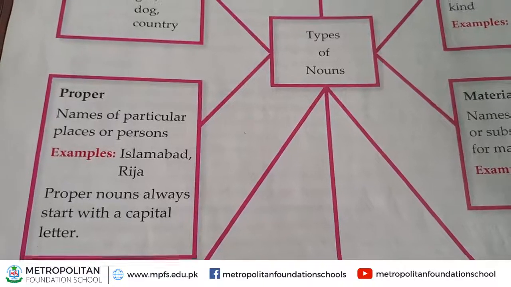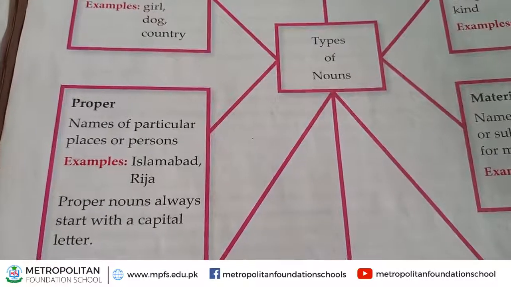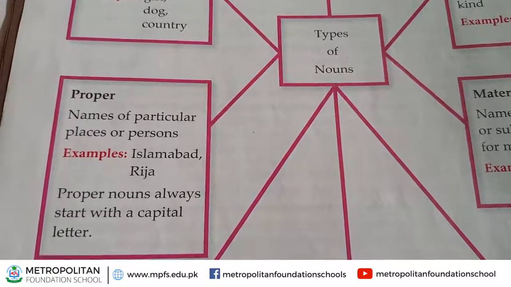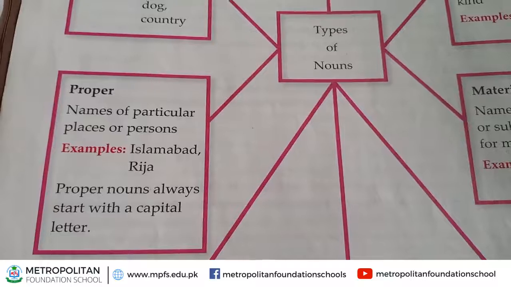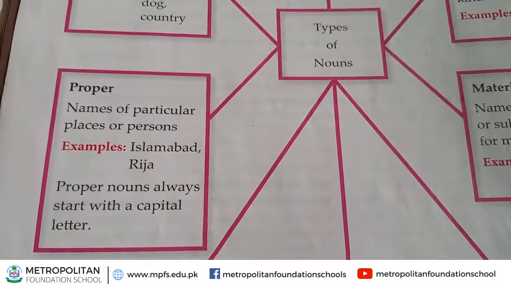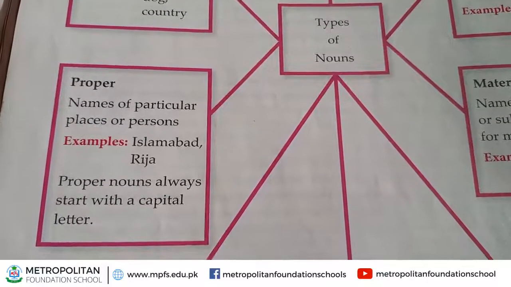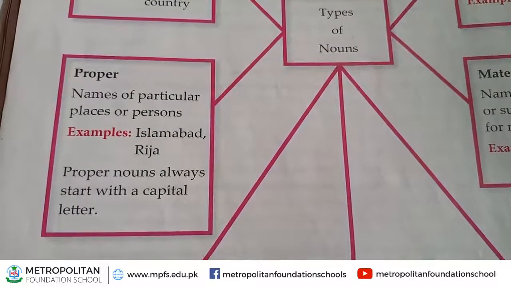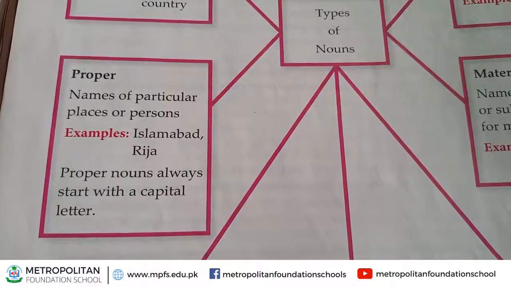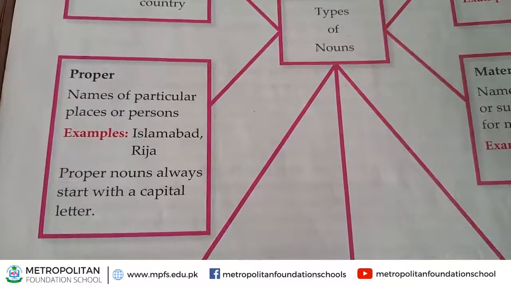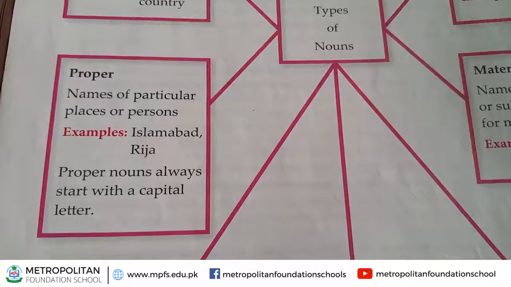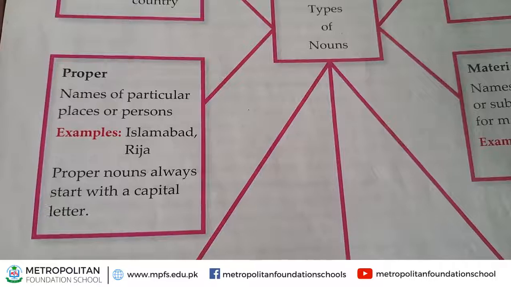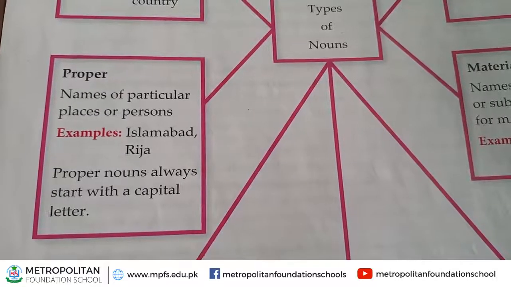For example, he never gave up his love for animals in spite of numerous hurdles. In this sentence, he is showing the quality, state, or concept. So that shows the type of abstract noun, because in that sentence we have the concept, quality, or state.